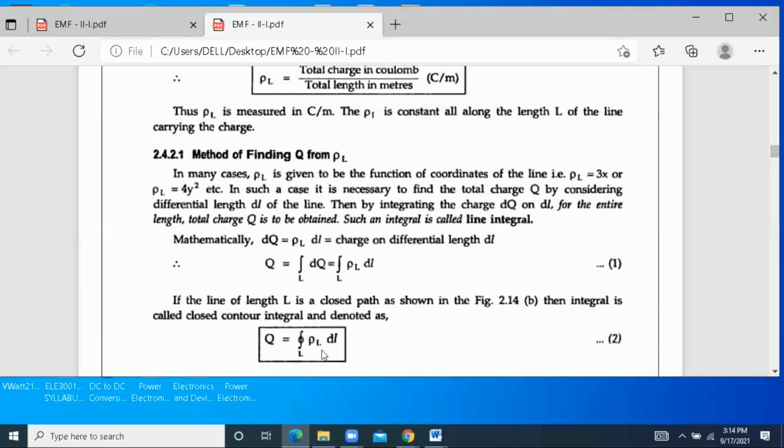But like I said, you have to appreciate the mathematical expression, because it doesn't necessarily have to be a circle like that. It could be a square, it could be anything. So it would be the integral around the total length.